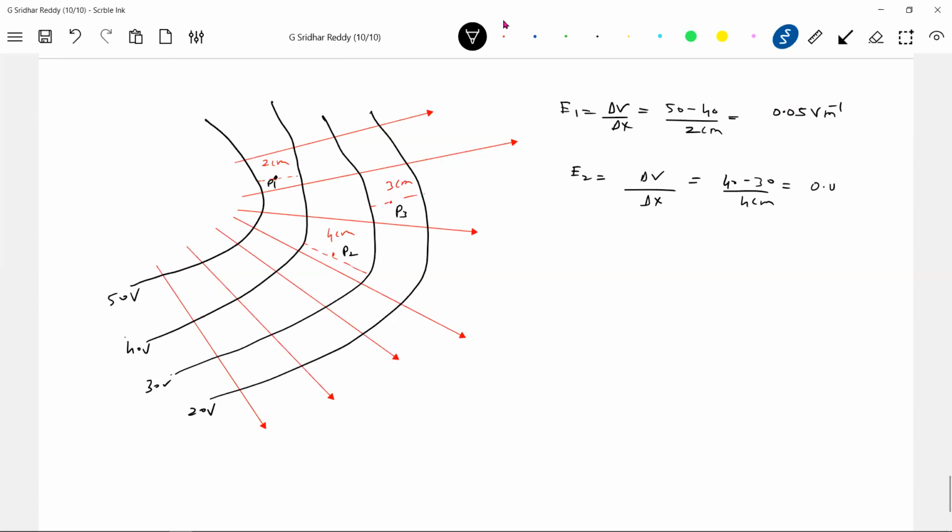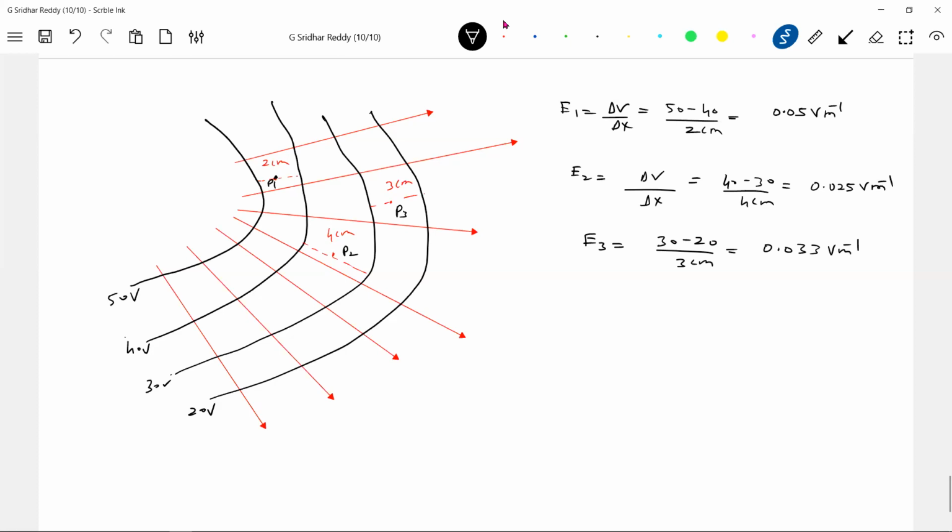So 0.025 volt per meter. Then electric field strength at point P3: 30 minus 20 by 3 centimeter. 10 by 3, 3.3, or 0.033 volt per meter.